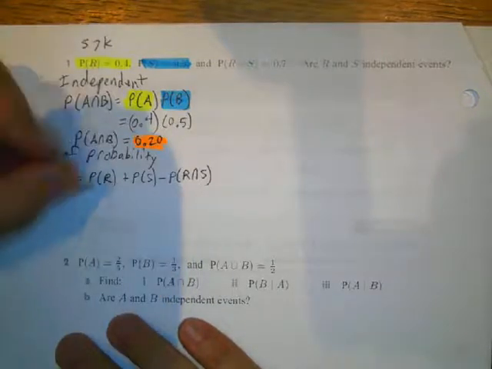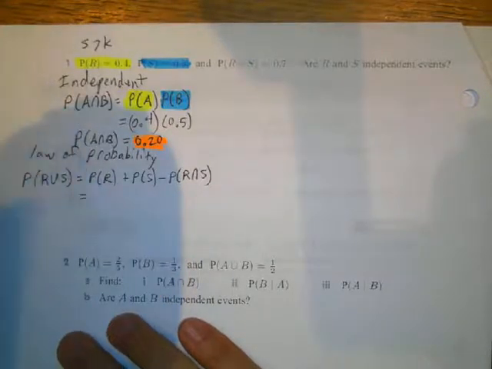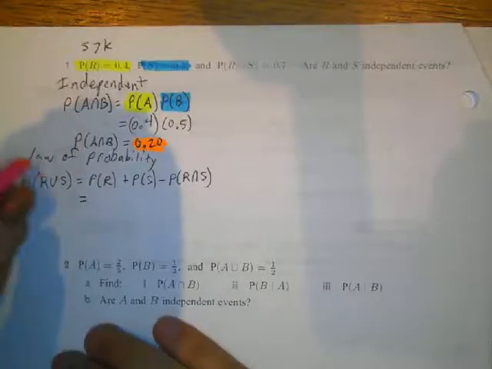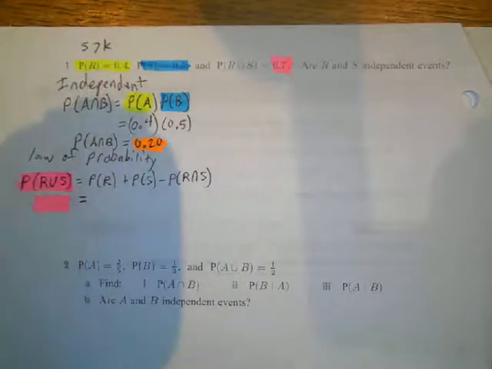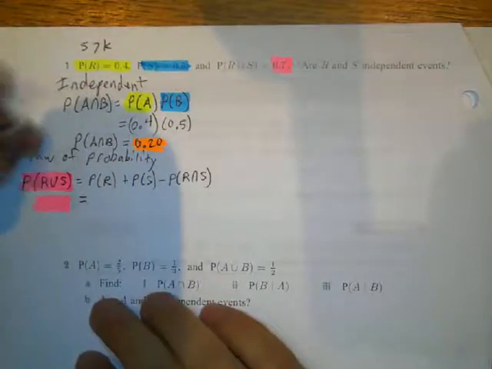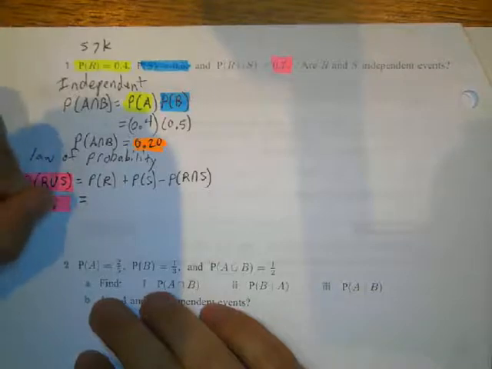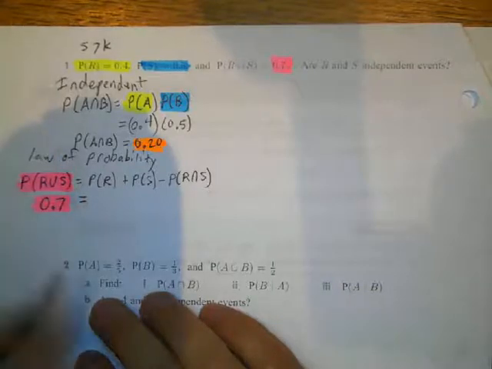So let's see, if this is equal to 0.7, then we know it's independent. If it was equal to something else, then we would say it's not independent. So let's see if this works.